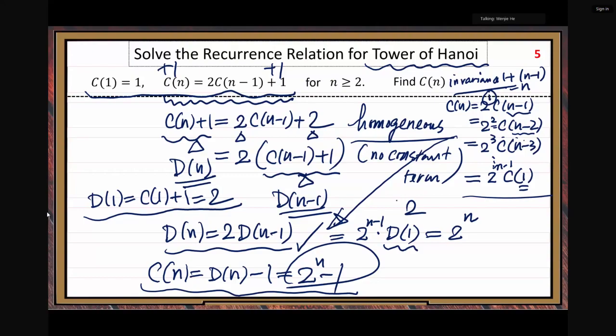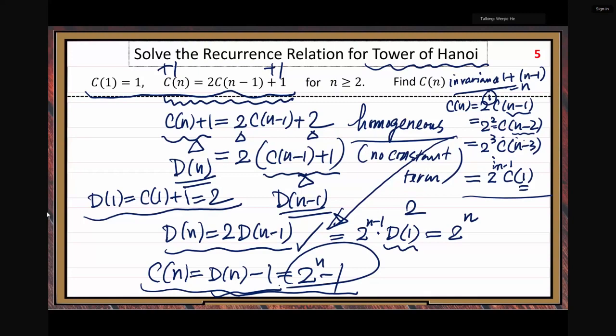Then we want to see what's the connection between the homogeneous version and the non-homogeneous version. Here the difference is 1. The homogeneous solution and non-homogeneous solution differ by 1. So we find that solution.